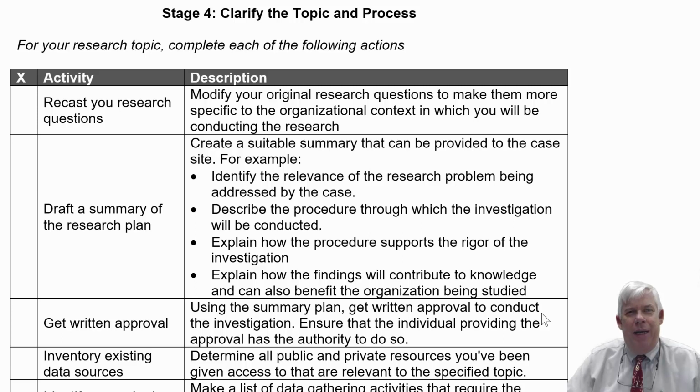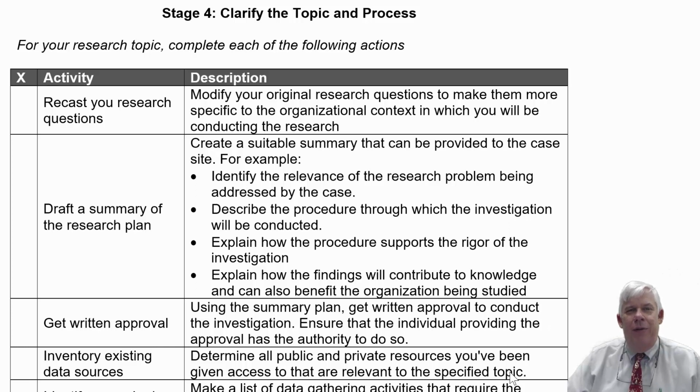I wouldn't try to make it as formal as a contract because that's going to involve legal, and that probably will take an extra 3 to 6 months to get it through them. But I would want to make sure that those people who are involved in the research know what they're getting into.